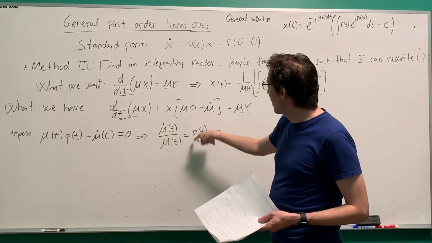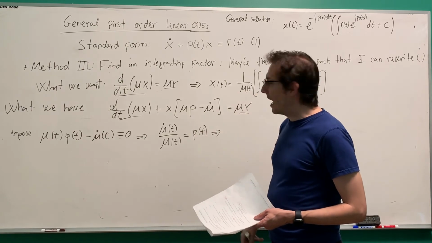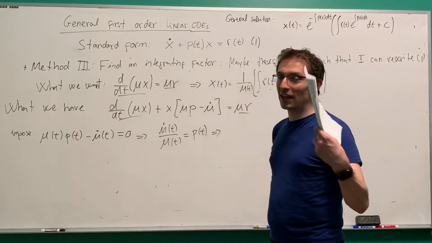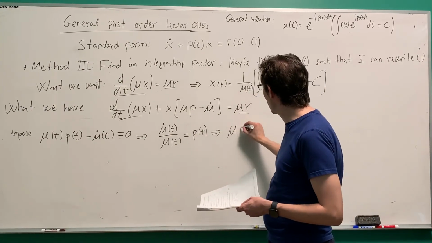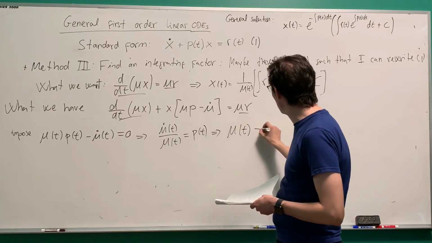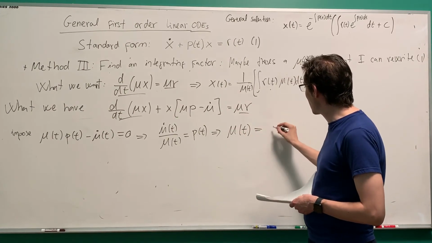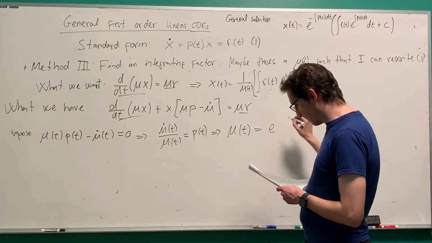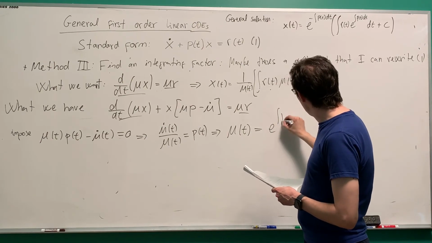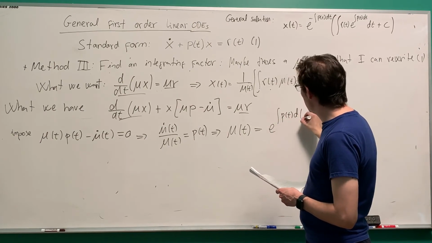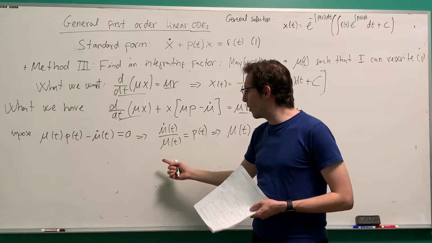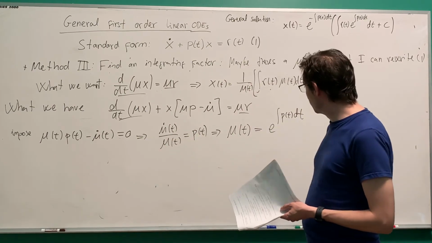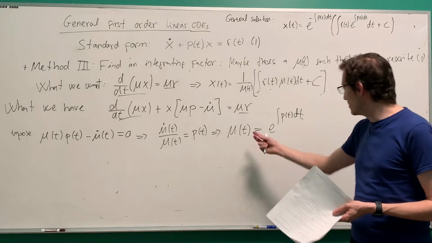Then we integrate here, we get the integral of p of t dt, and we take exponentials to undo the log. We've done this already 3 times in this exercise. So mu of t, that satisfies that, is exactly the exponential of the integral of p of t dt. This is again a separable equation, and this separable equation we solve 1,000 times, is the exponential.